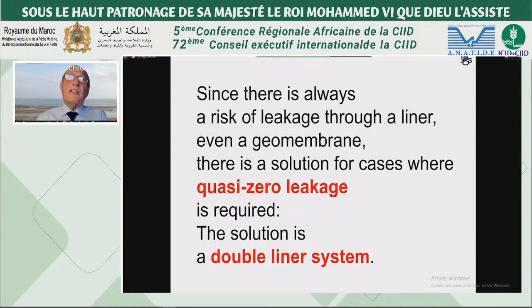But since there is always a risk of leakage through a liner, even a geomembrane, there is a solution for cases where quasi-zero leakage is required. This solution is a double liner system.